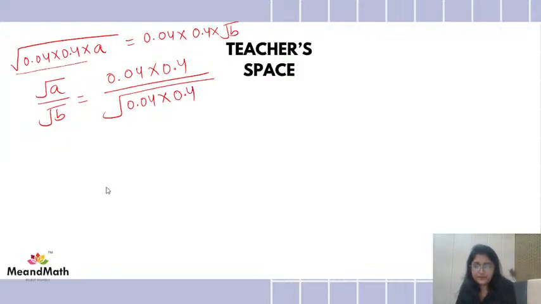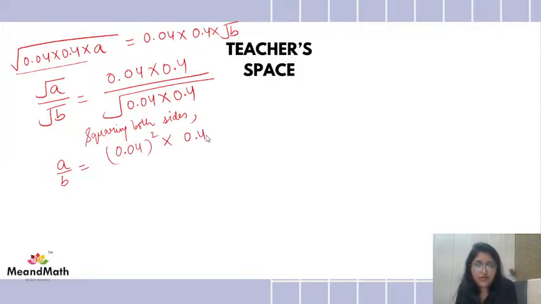All right. Then what you need to do now is squaring both sides. Squaring both sides. So what will we get over here? A by B is equal to the square of this thing, 0.4, and when we square this thing, it will remain as it is because the square root will cancel with the square.